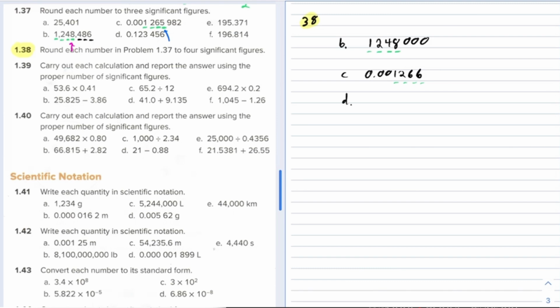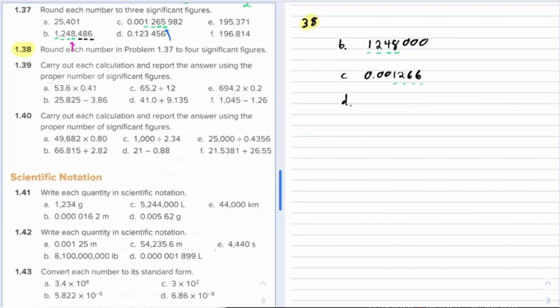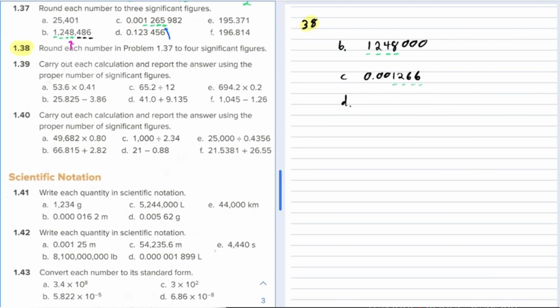So here's D. You never count the 0 at the beginning. So here's the first one: 1, 2, 3, 4. You're going to round to that position, and here there's a 5 next to the 4, so you're going to round up.